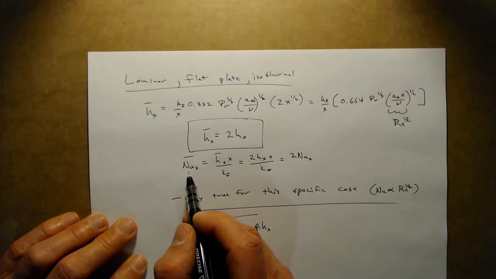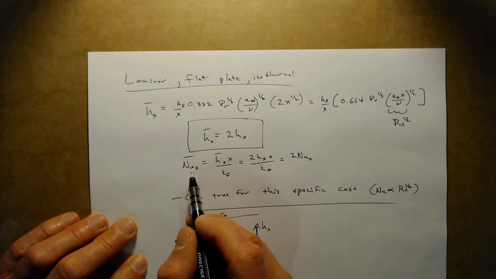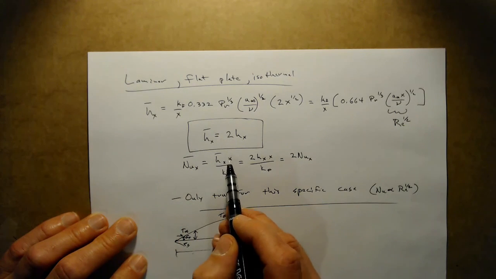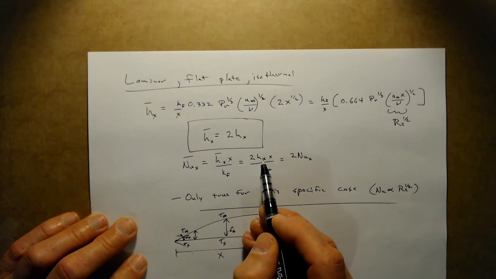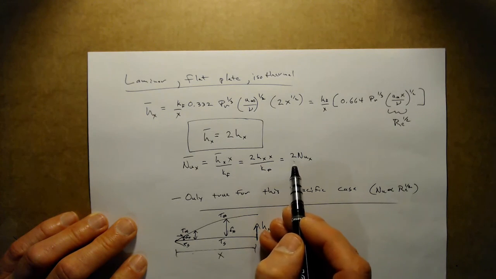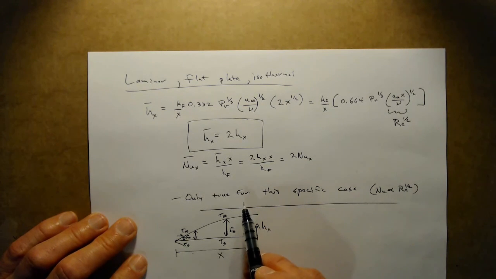So likewise, the average Nusselt number would be the average heat transfer coefficient times x over the thermal conductivity. That would be equal to 2 times the local heat transfer coefficient times x over the thermal conductivity, or 2 times the local Nusselt number.